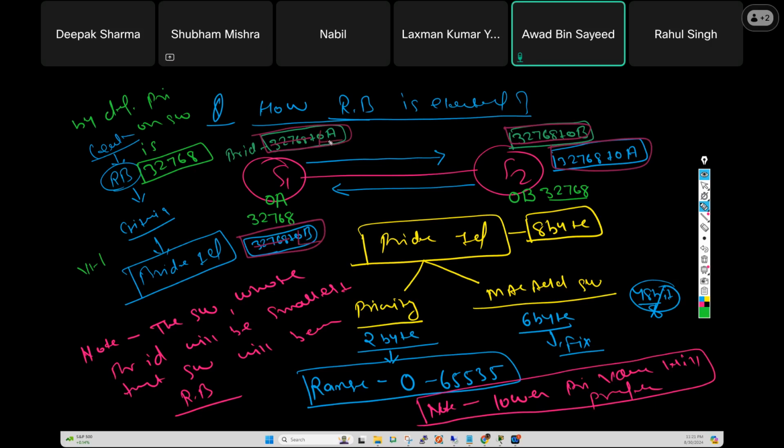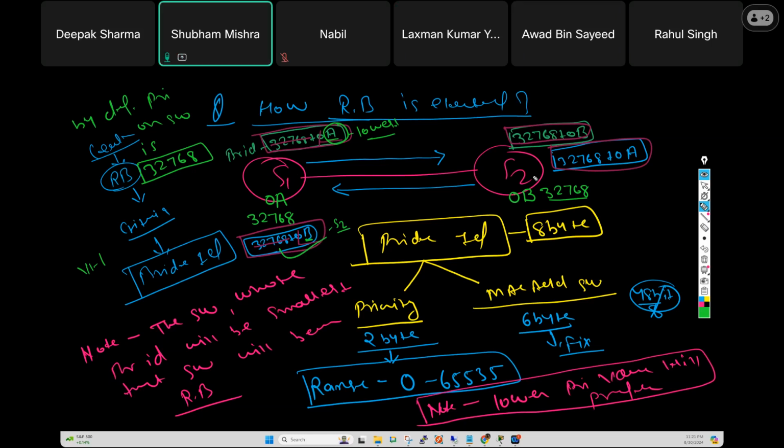Now what is the bridge ID here? A. And what is here? B. So between A and B, what is the lowest? A is lowest. It means switch number 1 now understands my bridge ID is lowest compared to switch number 2. Yes or no?